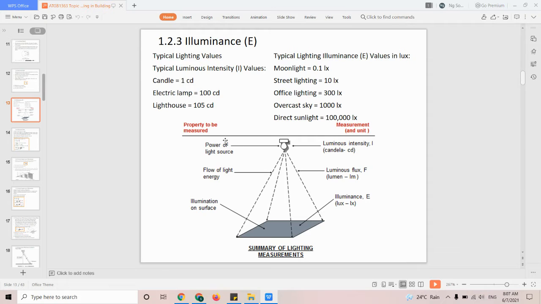Your light source is represented by the luminous intensity, then you have your flow of light energy, which is represented by luminous flux, and finally your illuminance on the surface, which is represented by the lux. So this is very summarized.